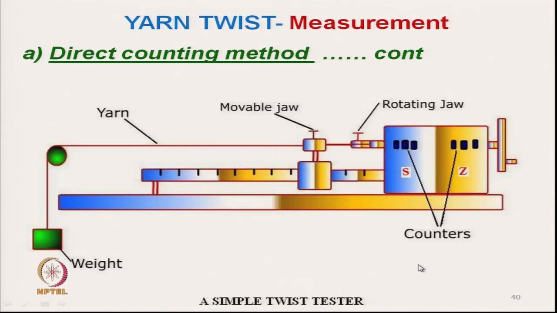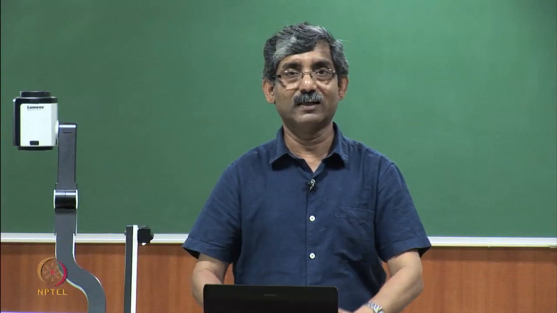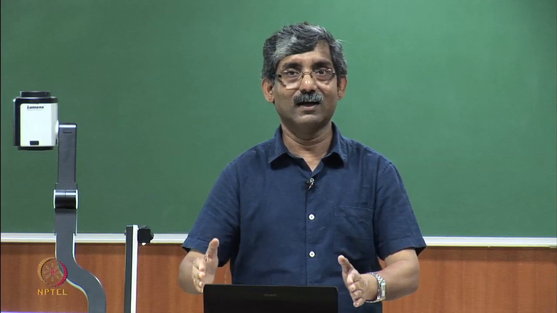Now, this is the instrument where this is the movable jaw which moves laterally, and the scale is there which determines the test length. Suppose we want to test at say 10 centimeter length or say a few inch length, 10 inch gauge length.